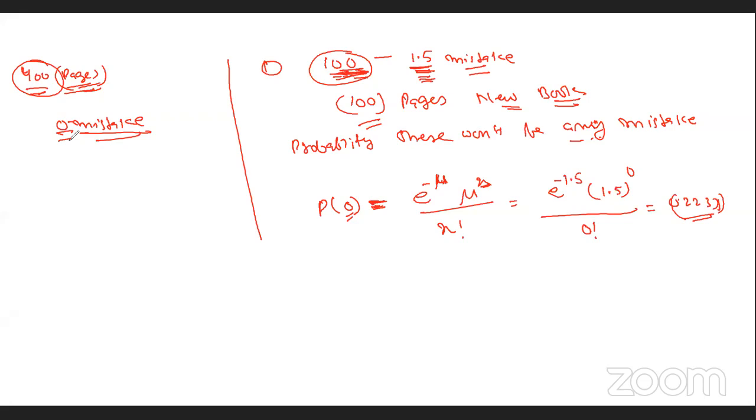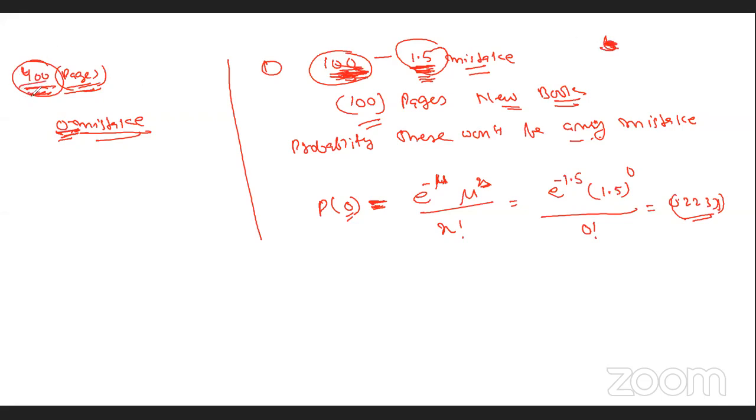I think we all will be able to find out the probability of zero mistakes in 400 pages, because for the interval of 100, I know the number of mistakes and I know the average mistakes. For the interval of 400, I can assume that it will be nothing but 100 into 4.